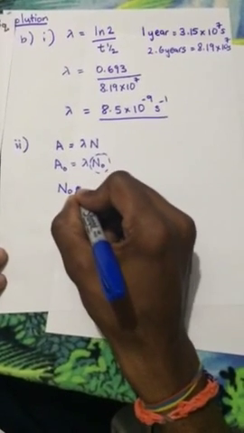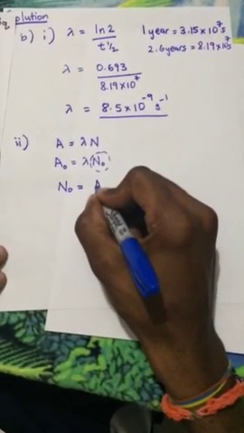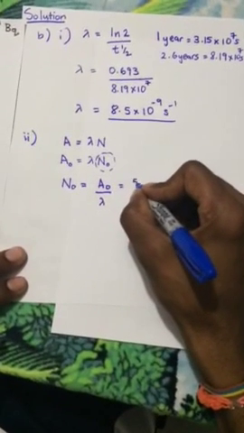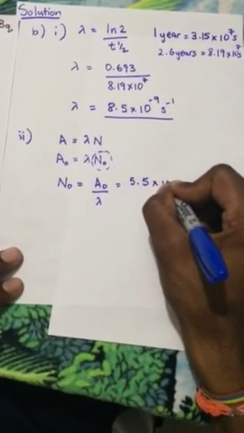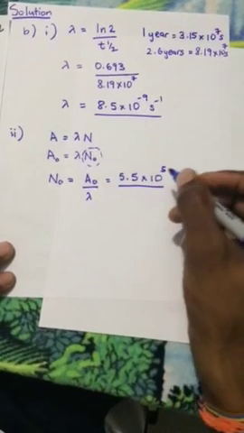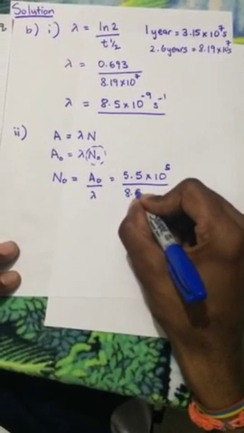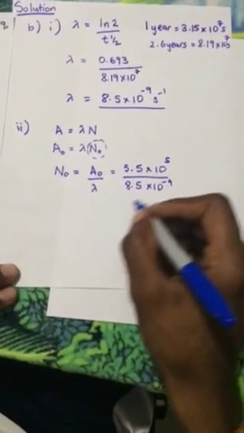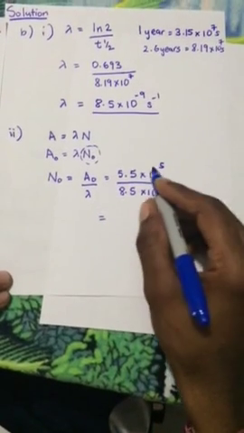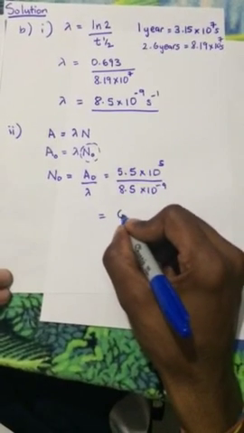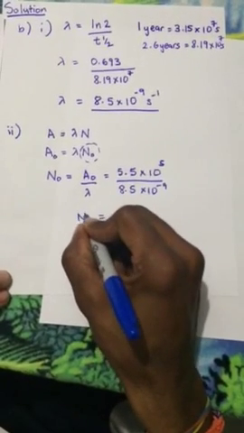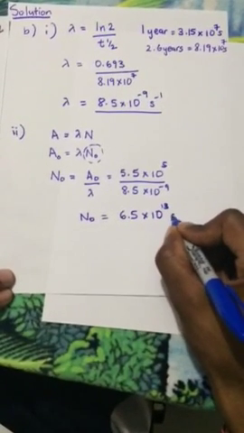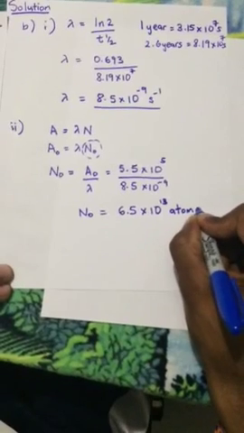By transposing, we get N naught being equal to A naught over lambda, which is 5.5 times 10 to the 5 all over 8.5 times 10 to the minus 9 per second. Plug this into your calculator and you should get N naught being equal to 6.5 times 10 to the 13 atoms.